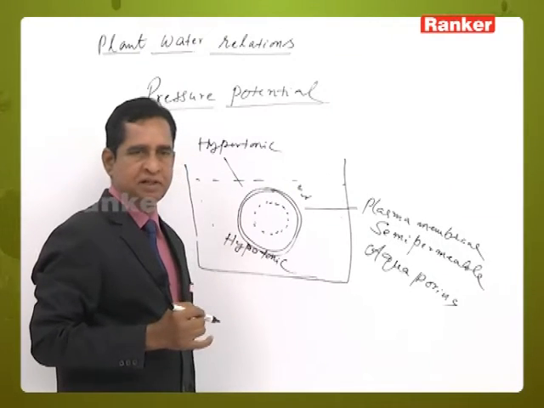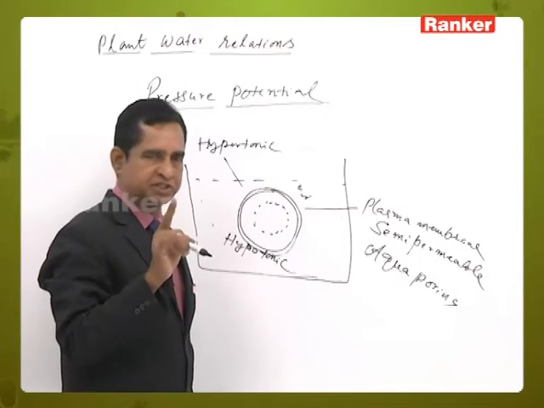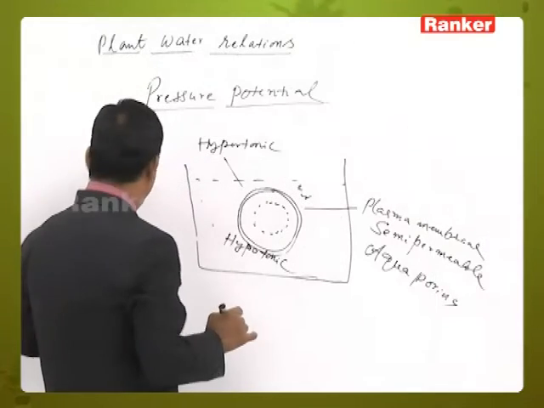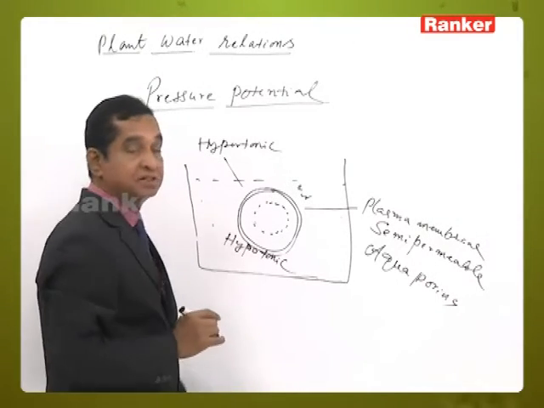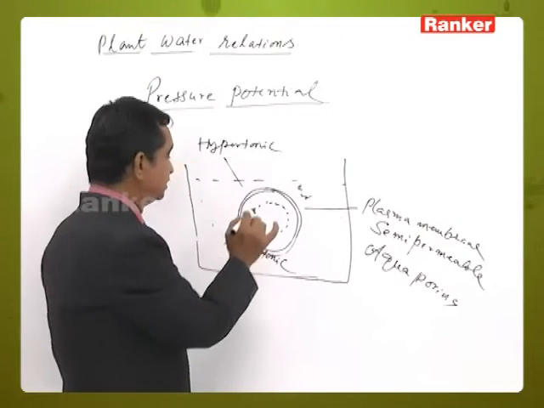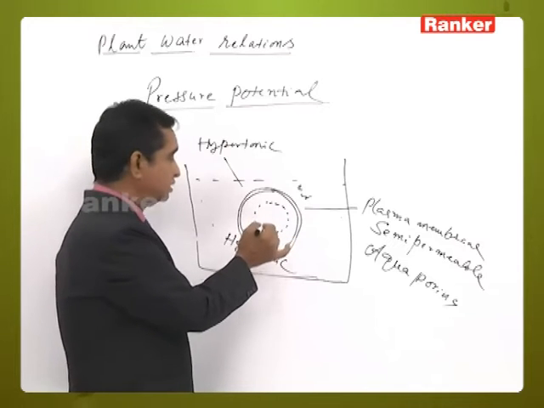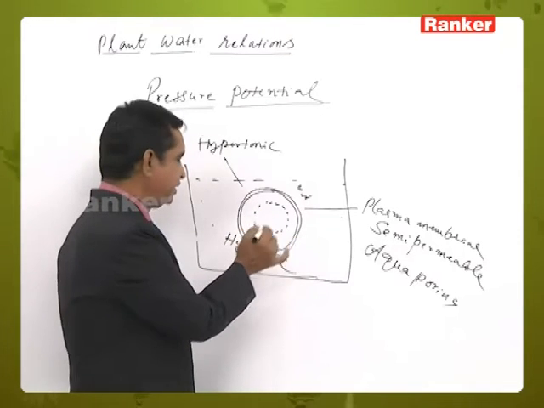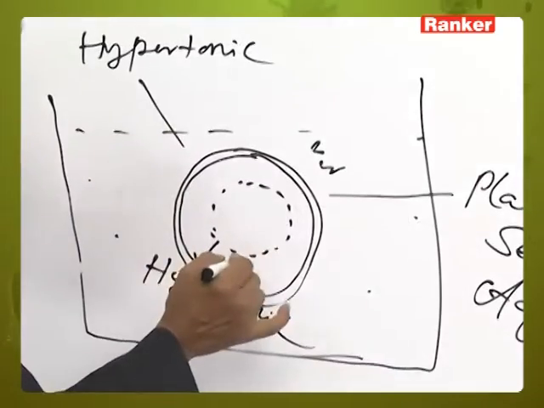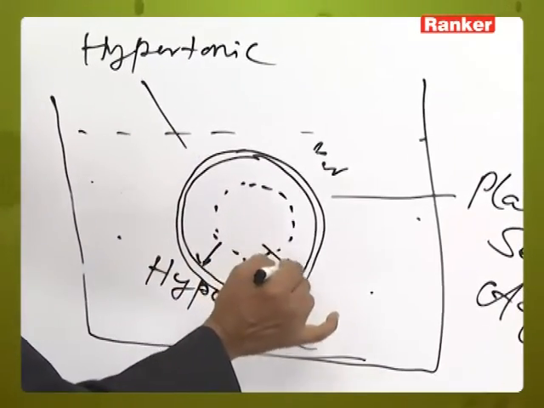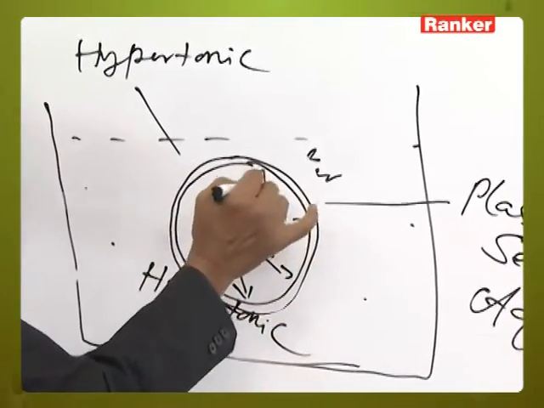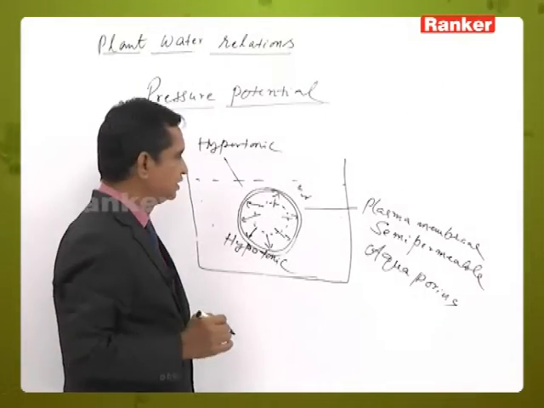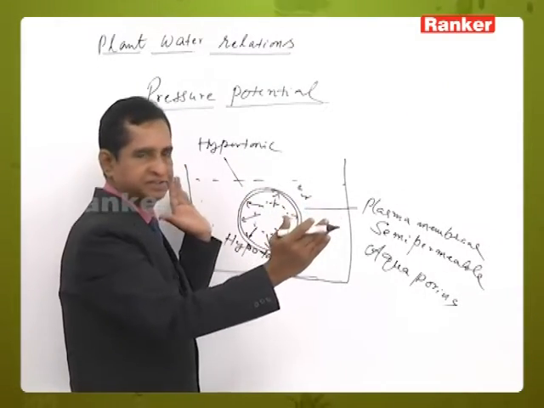This bulging of the cell is because of the elasticity of the cell wall. Why should the cell bulge? Because the water or the solution present inside exerts pressure on the wall, on the membrane, and the cell bulges.